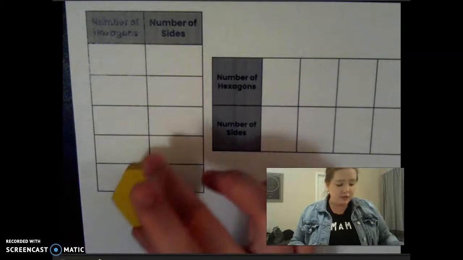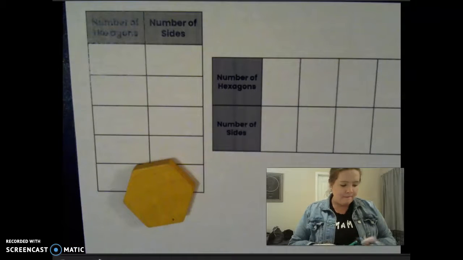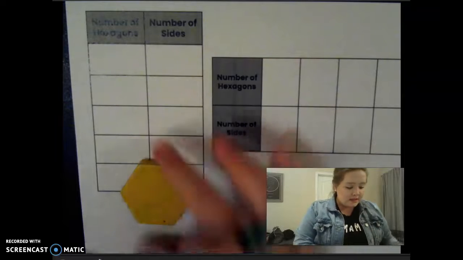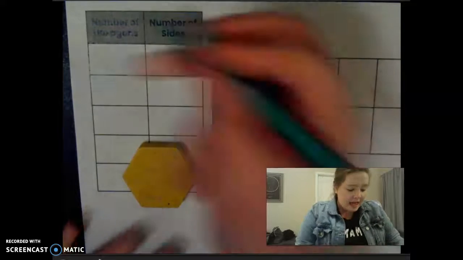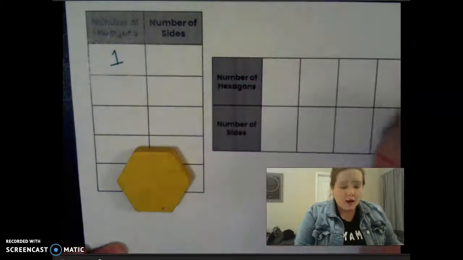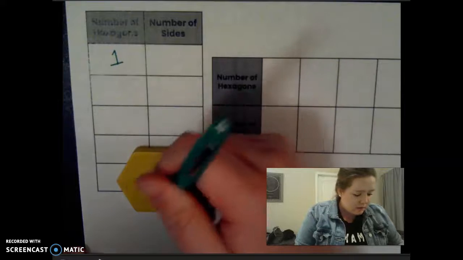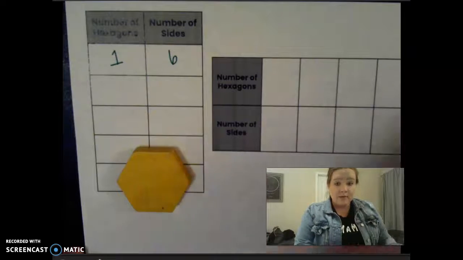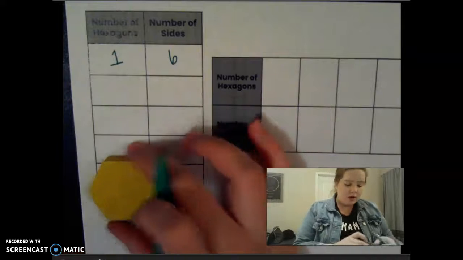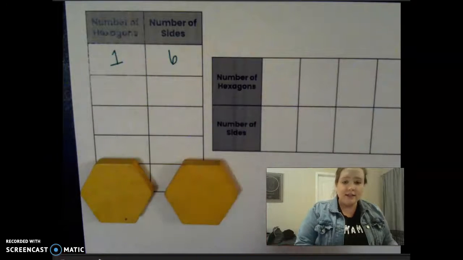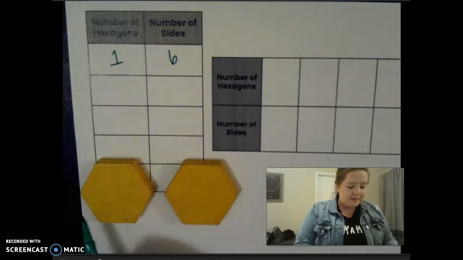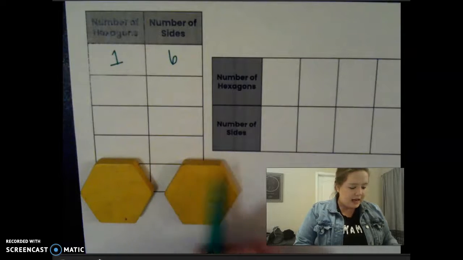I'm going to start off with one hexagon. All right. So this is one hexagon. And one hexagon has 1, 2, 3, 4, 5, 6. Has 6 sides. All right. 2 hexagons have 1, 2, 3, 4, 5, 6, 7, 8, 9, 10, 11, 12.